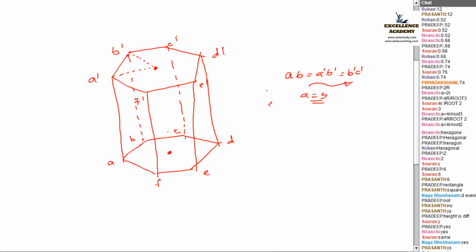Okay. Then what shall be the length of OB dash and OA dash? In the case of a hexagon, OB dash, OA dash is equal to A dash B dash.